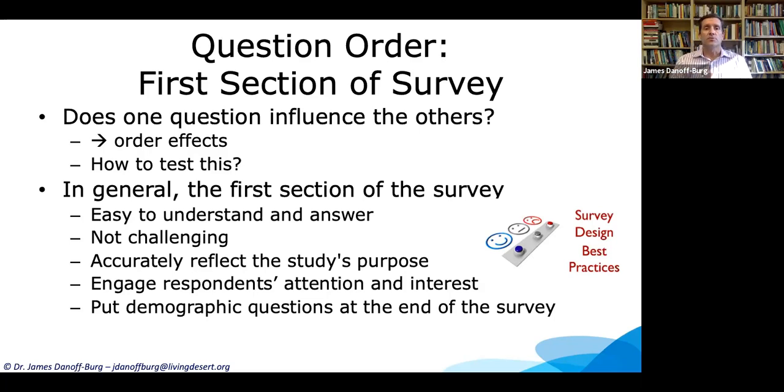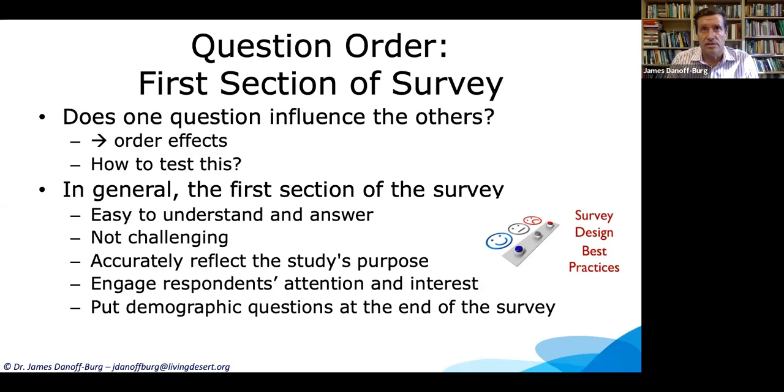All right, so when we think about a survey, we have to think carefully about how we structure it. So question order is very important. And this is a survey design best practice, because if we ask a very heavy question right off the back, here's a question that I would not ask, but here's a question that many people could ask.